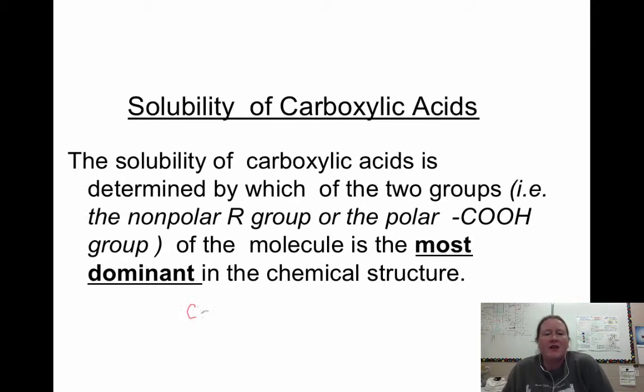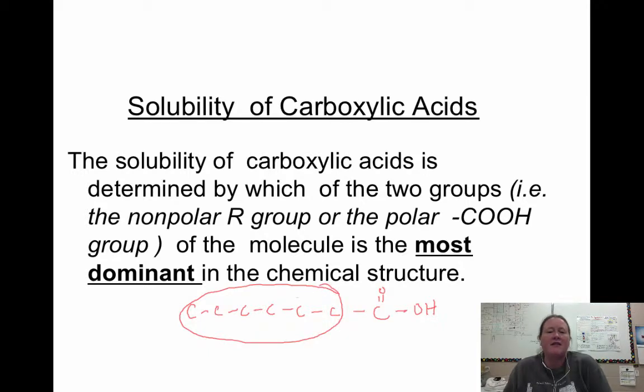If we have a very, very long hydrocarbon tail with our carboxylic group right here, then this nonpolar group may dominate, and the characteristics may be more nonpolar than polar, so it is not likely going to be as soluble. However, if we have a short, itty bitty teeny weeny R group, they tend to be more soluble or more polar.